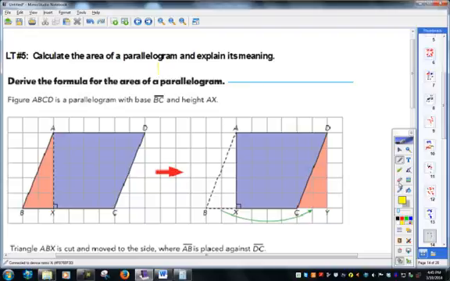Now real quick, what a parallelogram is. A parallelogram just means that two of the sides are parallel to each other. When you think of a parallelogram, most of the time you think of it looking something like this. But a rectangle is also a parallelogram. A parallelogram is really a basic name.